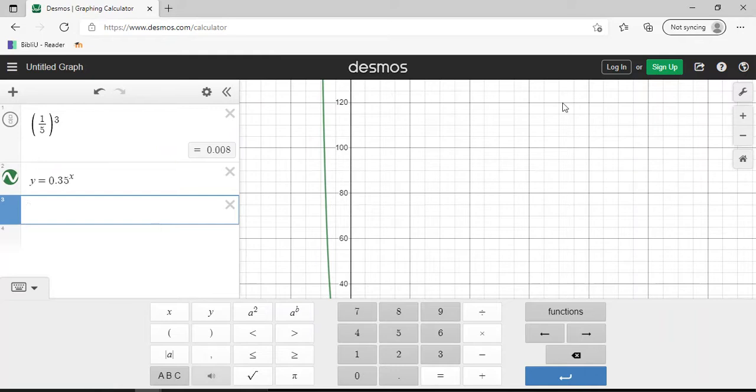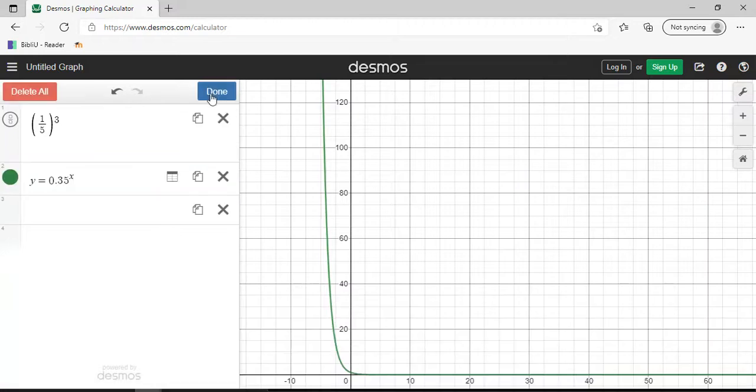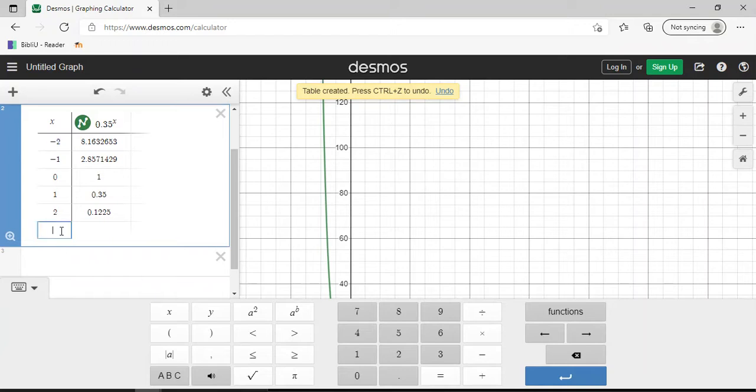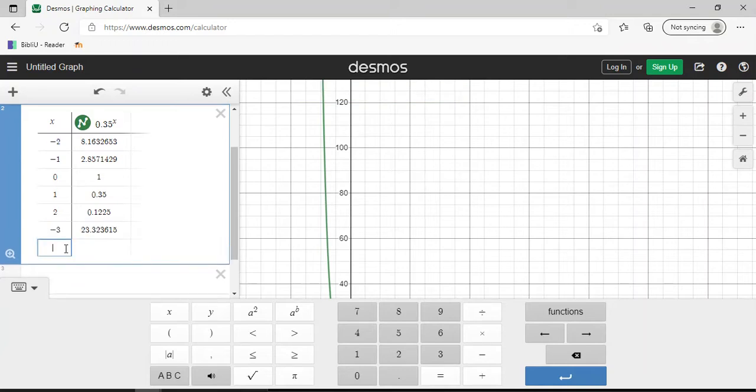Let me extend this out here. Okay, this would be our H of X. Now, what I want to do, I'm going to get a table. And I want to put in the values that we had. Let me put in the -3. And then I guess the only thing we were missing was -3 and +3. Okay, now on this, they just rounded to at most 3 decimal places.